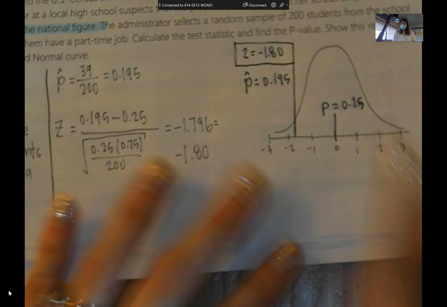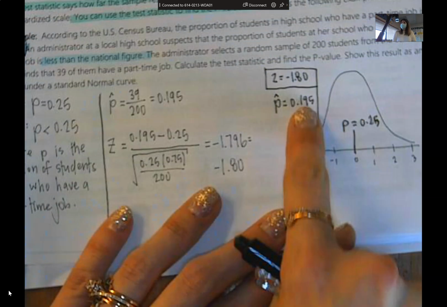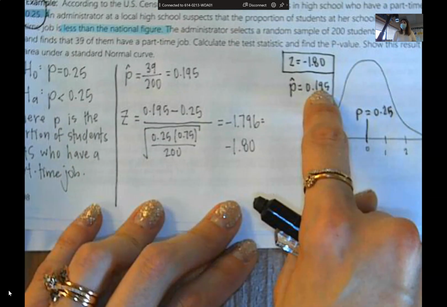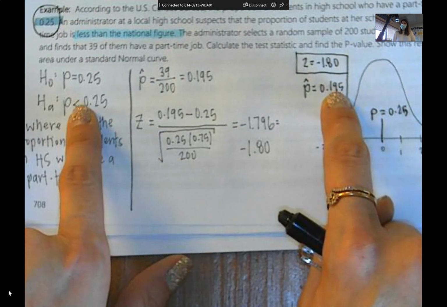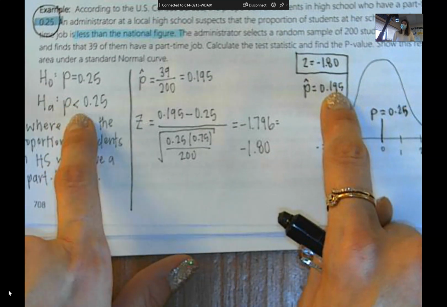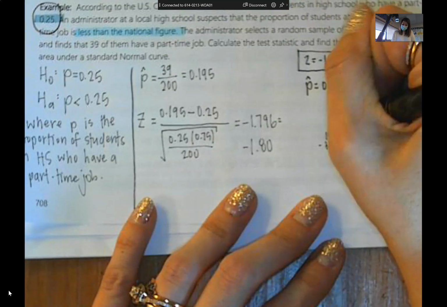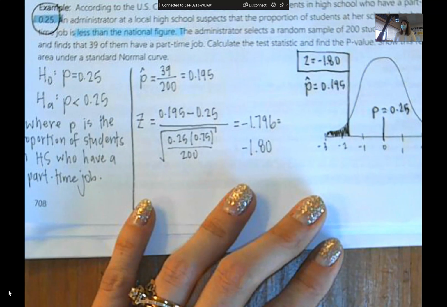They are asking us, what is the probability that we would get a sample this low or lower? How do I know we're going lower? Because my alternative has a less than. So we're finding this area from our normal curve.